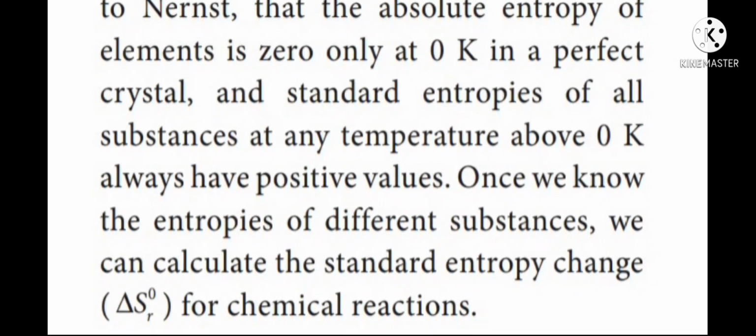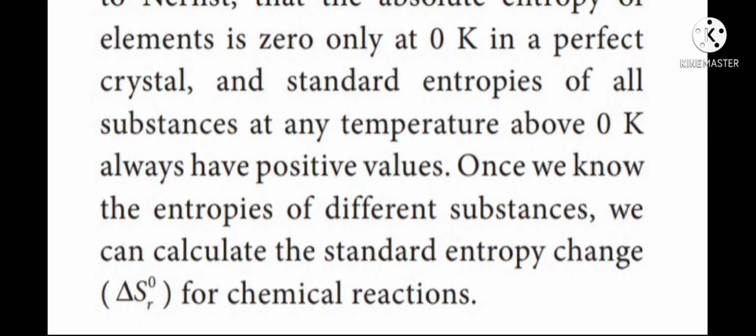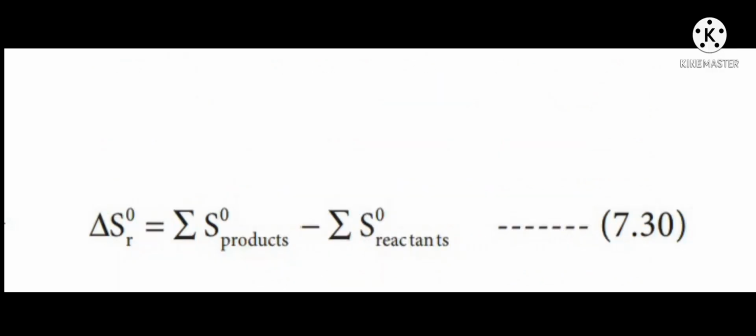Here, the standard entropy change for a chemical reaction is given by delta S naught R. The following expression is used to calculate it: delta S naught R is equal to summation of S naught of products minus summation of S naught of reactants. It is given by equation 7.30.